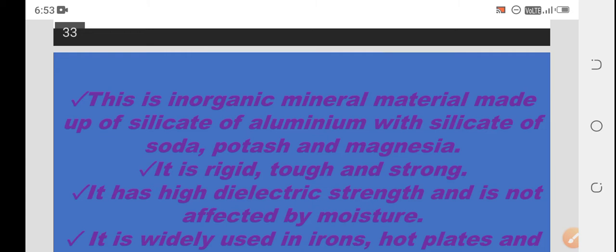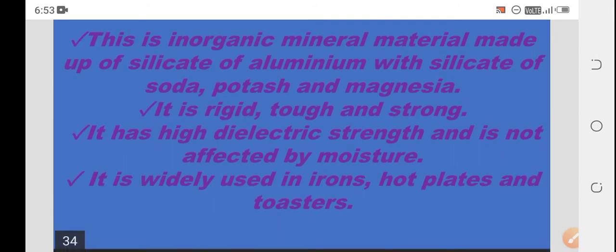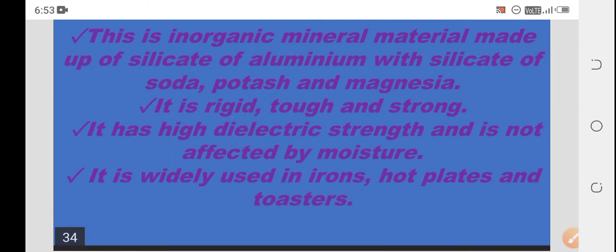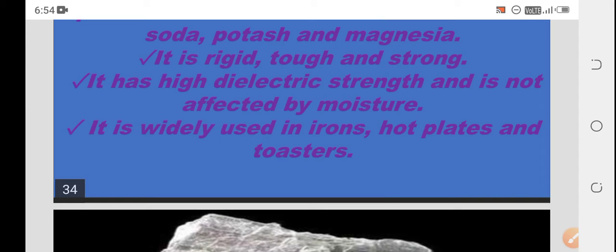It is rigid, tough, and strong. It has high dielectric strength and is not affected by matter. It is widely used in irons, hot plates, and toasters.